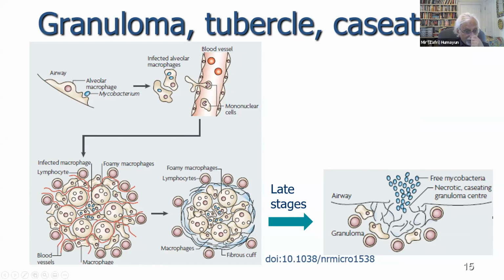Then, in late stages, when reactivation occurs, something called caseation or liquefaction of the interior of the granuloma occurs, and eventually, if the circumstances allow it, the granuloma bursts open and releases bacteria into the environment, where they can be taken up by other macrophages and rapidly multiply and amplify their numbers.